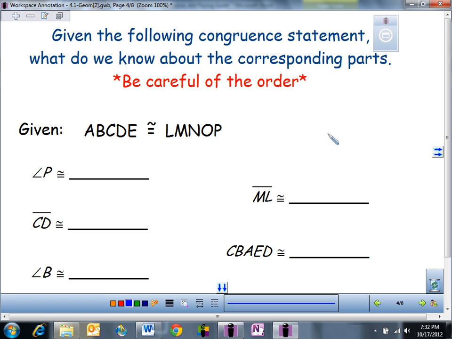Given the following congruent statement, what do we know about the corresponding parts? Be careful of the order.